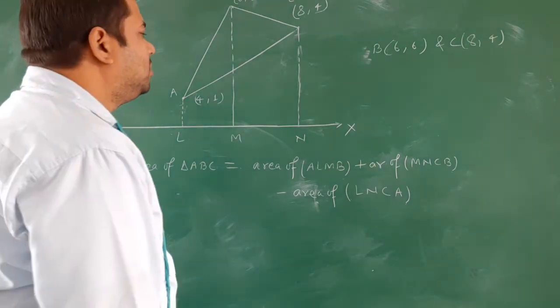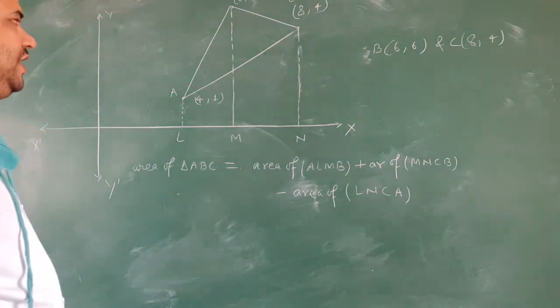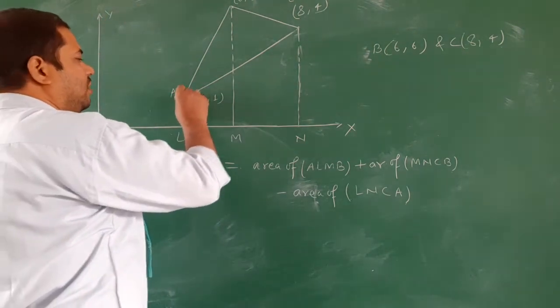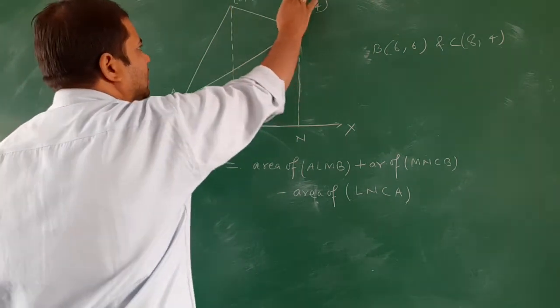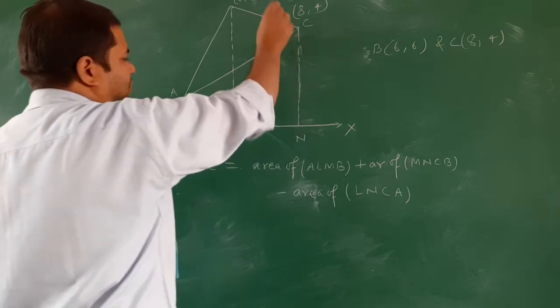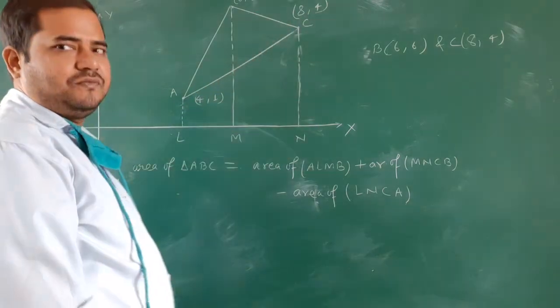But for finding these areas we need the equation of the line AB, the equation of the line BC, and the equation of the line AC. Why?